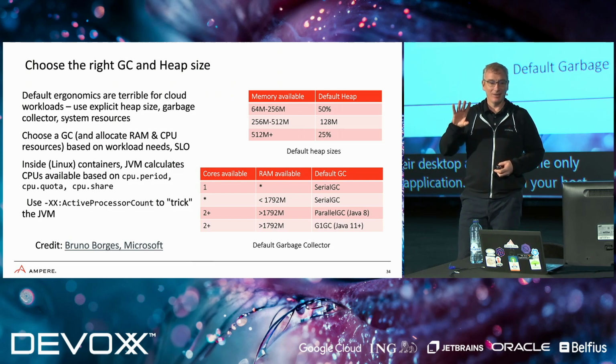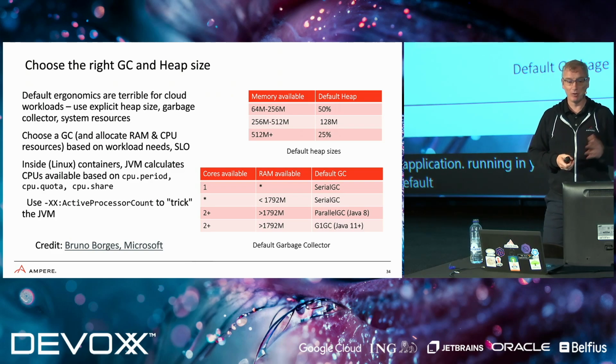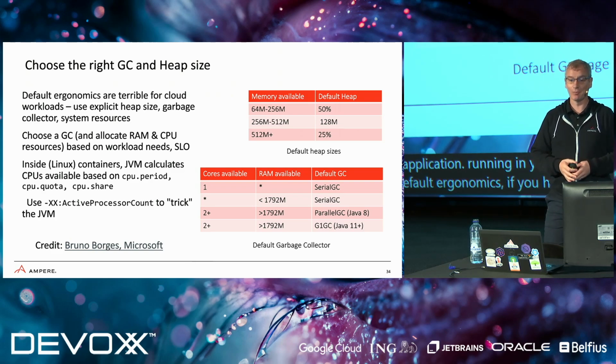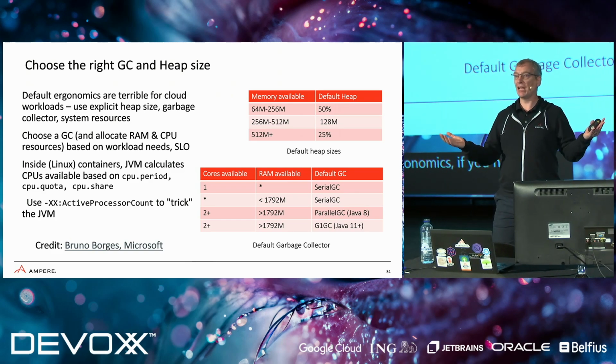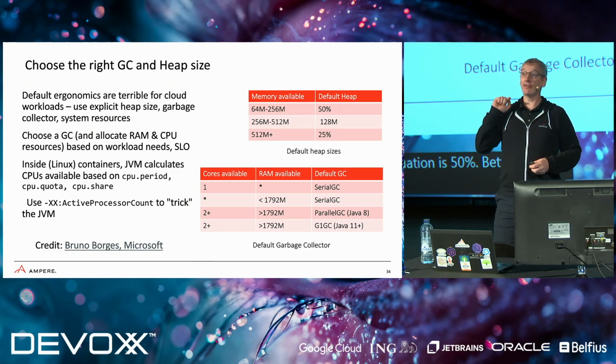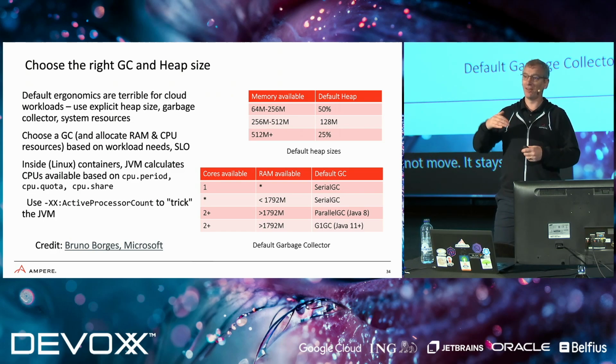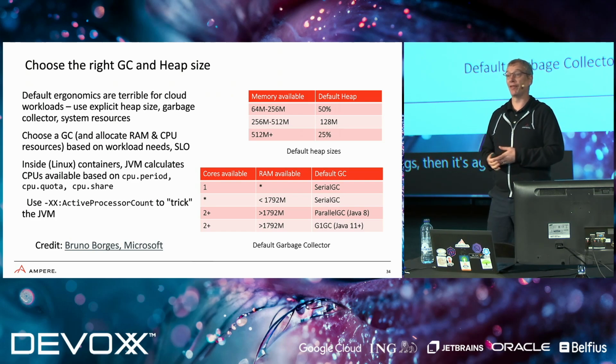So this is the situation. Default ergonomics, if you have between 64 megs and 256 megs available for your JVM, the default heap size in that situation is 50%. Between 256 megs and 512 megs, that does not move. It stays at 128 megs. And once you hit 512 megs, then it's again proportional to the available memory, but it's 25% of your available memory.